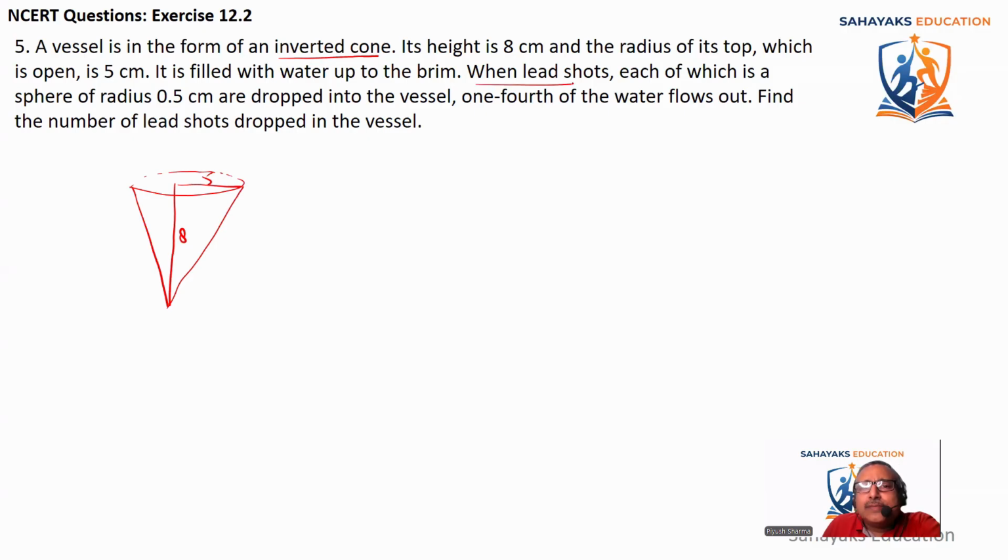When lead shots, each of which is a sphere of radius 0.5 centimeter, were dropped into the vessel, 1/4 of the water flows out. Find the number of lead shots dropped in the vessel. So the question is, how many such lead shots have been put in the water?